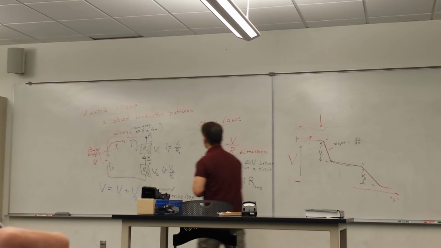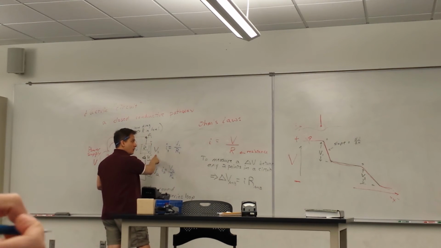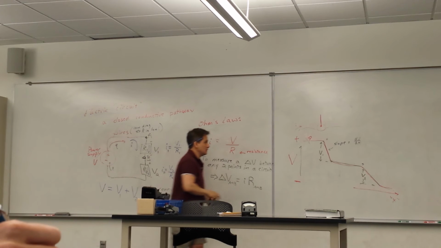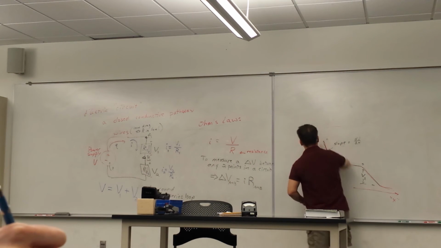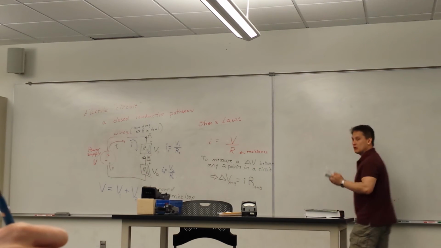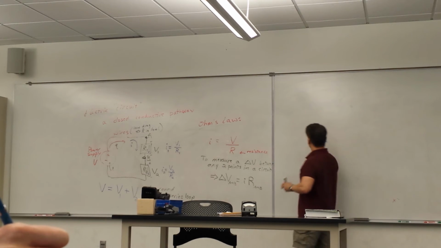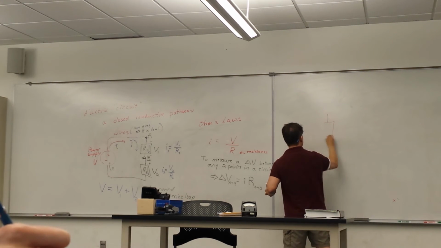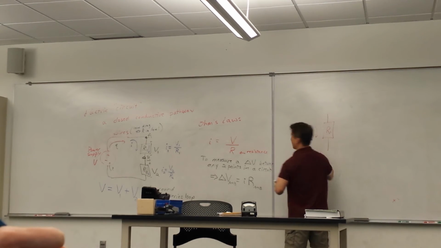So, what that would mean, if I'm looking at R1 specifically, in this case, I don't necessarily know much of the information, but what I might know is that here's R1, and there's some current flowing through this. I'm going to call it I1 for now.